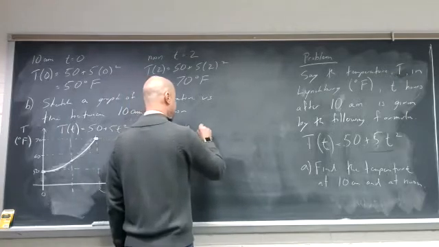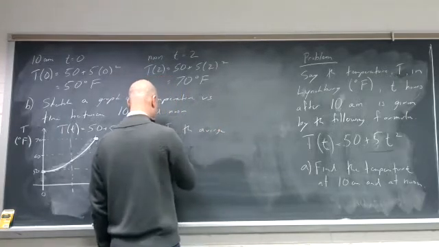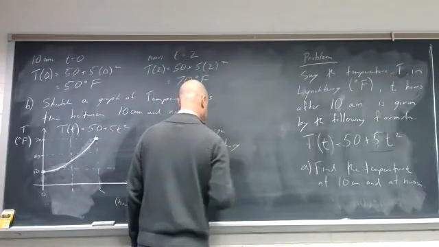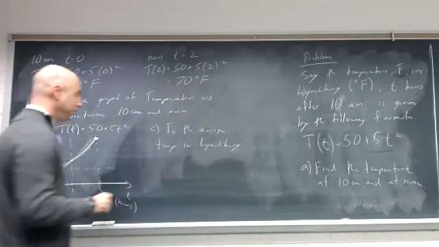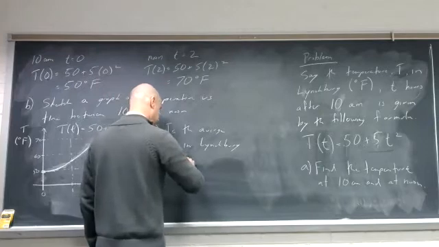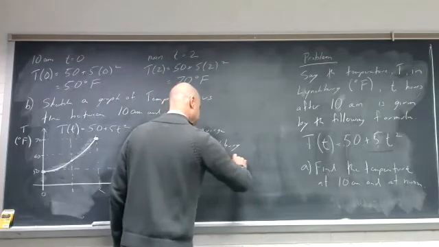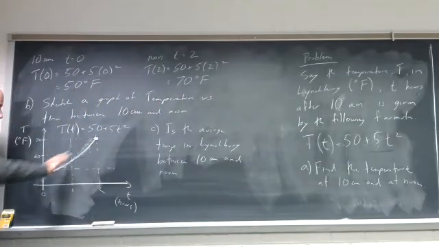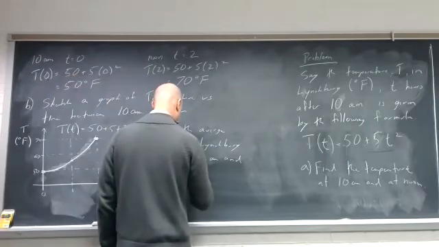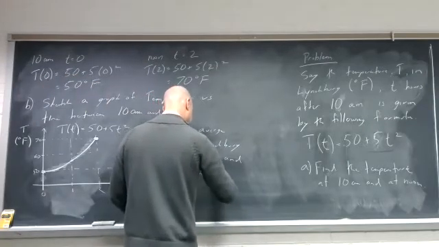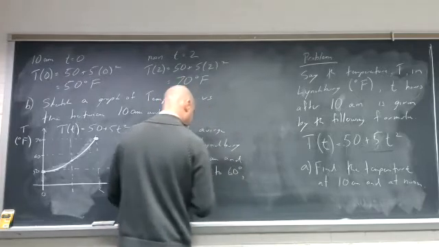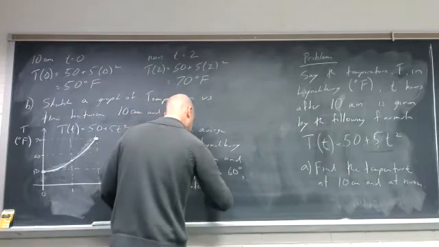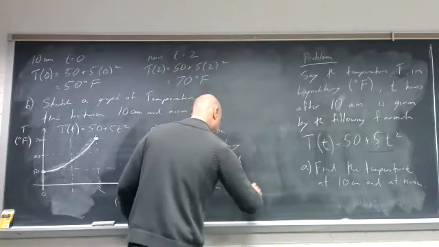Is the average temperature in Lynchburg between 10 a.m. and noon, right now, just looking at the picture, equal to 60 degrees? Or is it higher than that? Or lower?